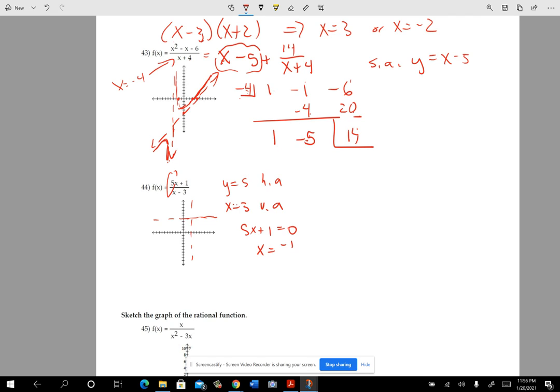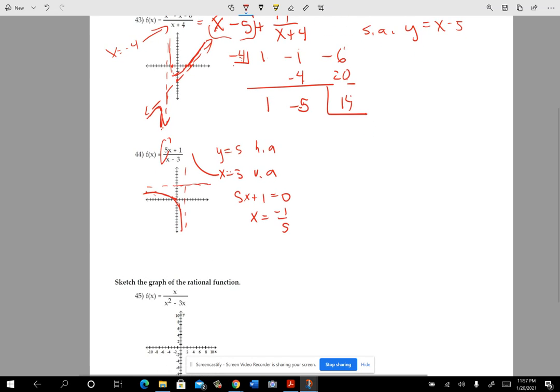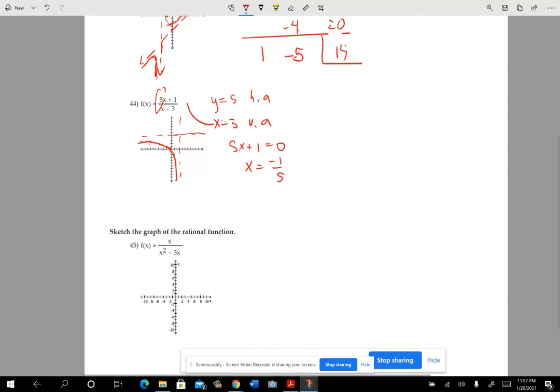So go through that and you'll get negative 1/5. So just slightly over there it's going to cross. And that gives you a good sense of what's happening on 44. It's going to come in and do something like this, where it crosses right there and then continues, and the other piece will be somewhere up here.